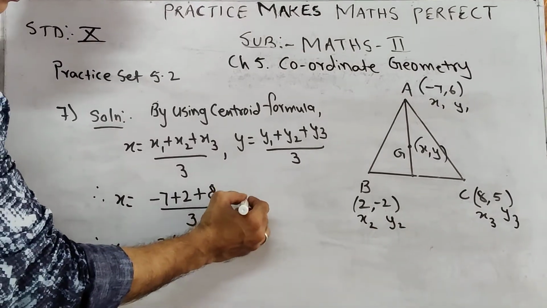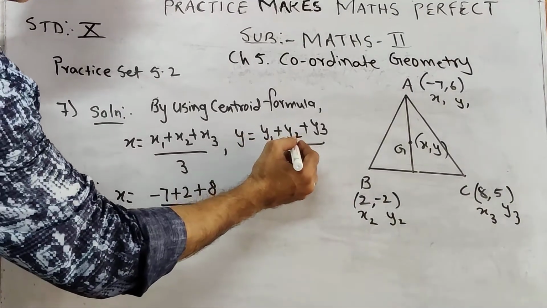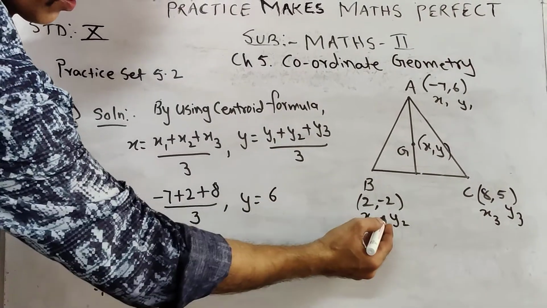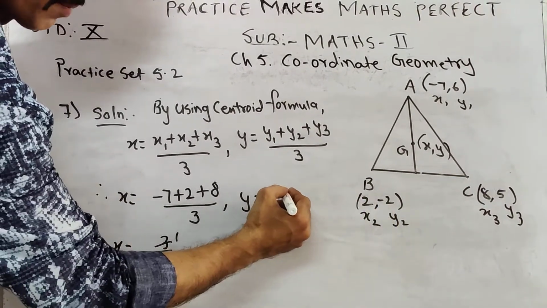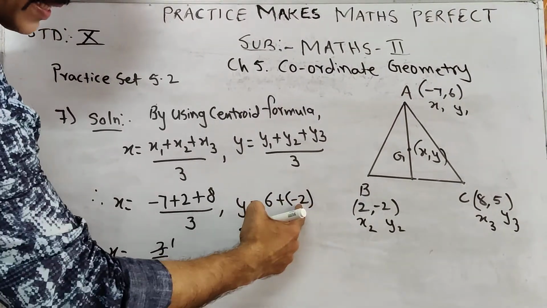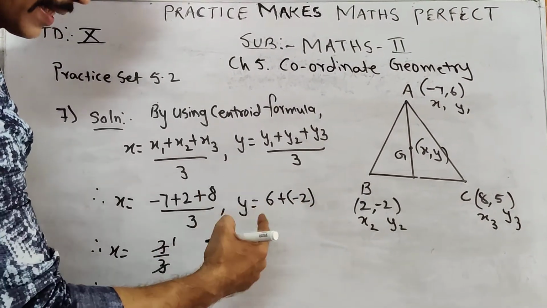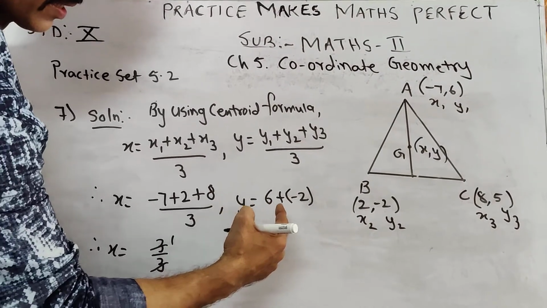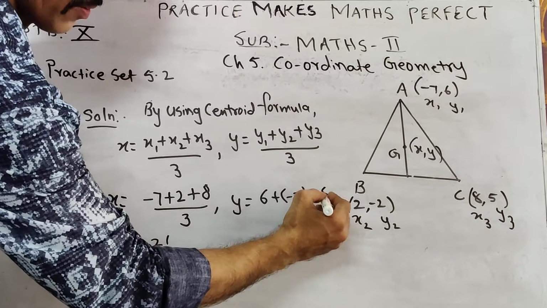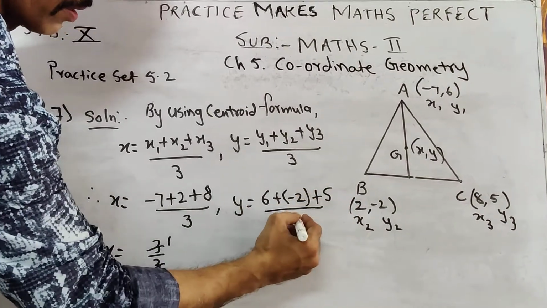And therefore x is equal to 1. And y is equal to y1 plus y2. y1 is 6. y2 is minus 2. So plus minus it will be minus. Okay, plus minus will be minus. Correct. And y3 is 5 upon 3.